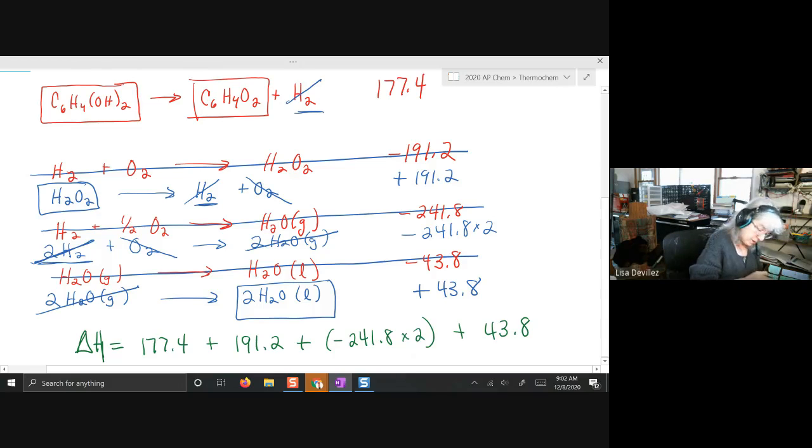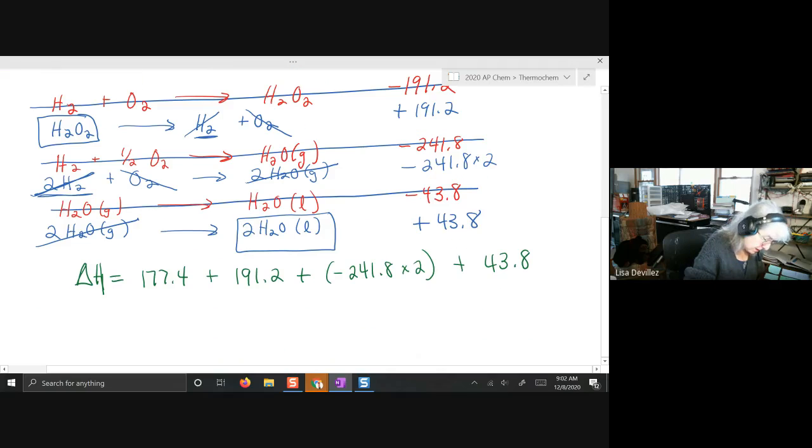So 177.4 plus 91.2 plus a negative 241.8 times 2 plus 43.8. So I'm getting negative 71.2 on that.